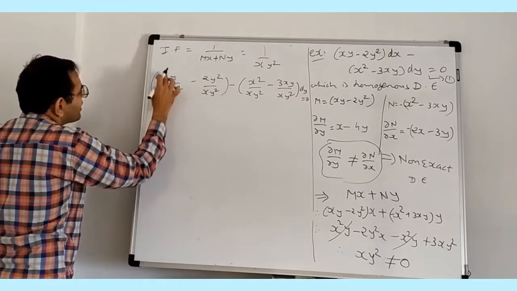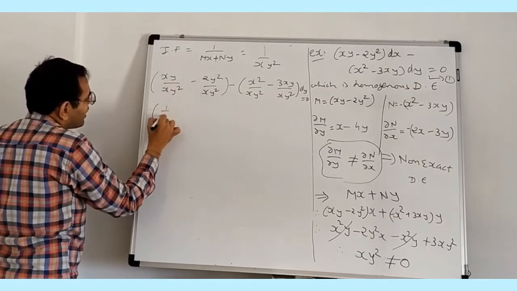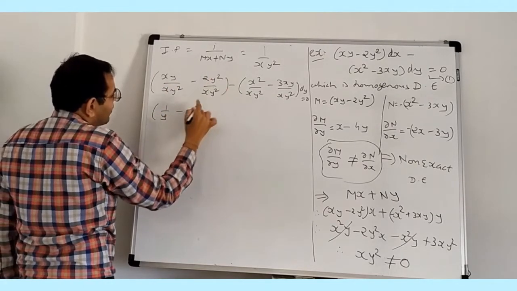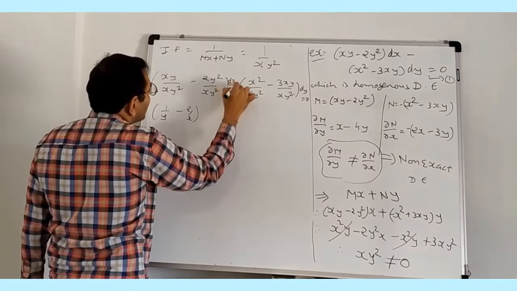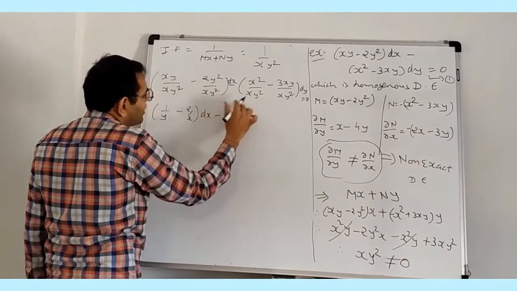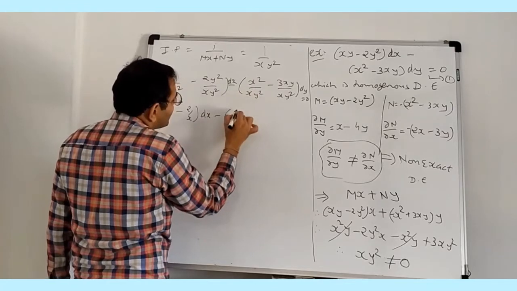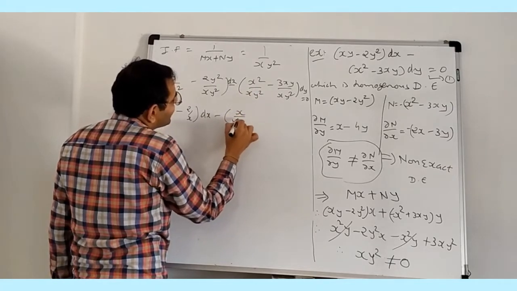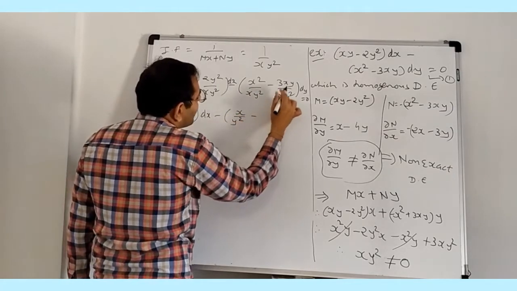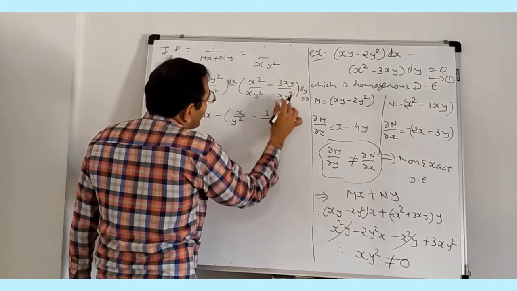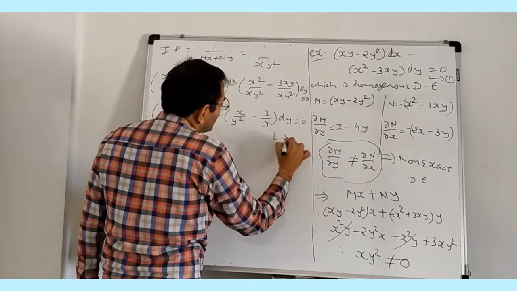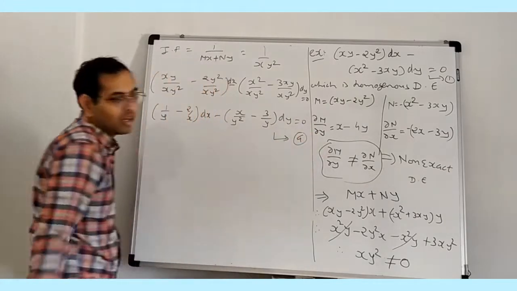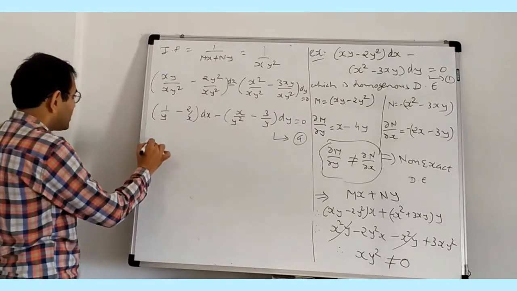Simplify: x cancels, y cancels, then 1 upon y square, then minus 2 by x dx minus, x cancels, x upon y square, minus x cancels, y cancels, then 3 by y dy equal to 0. That is our equation number A.